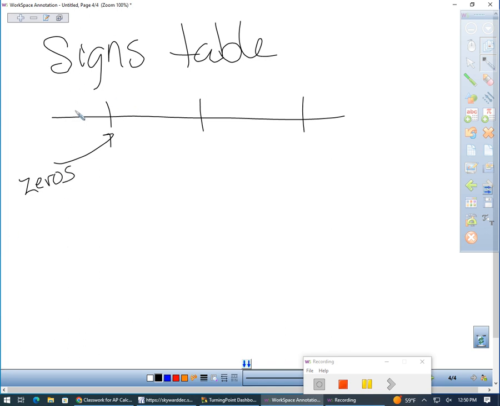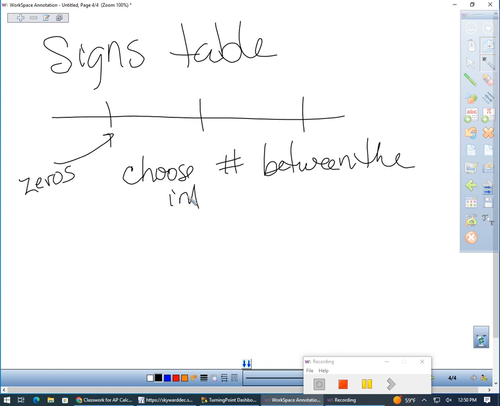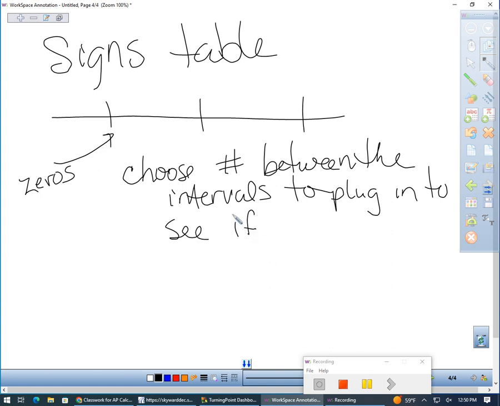Then you choose a number between the intervals to plug in, to see if it's positive or negative. Then, just from that table, you'll be able to decipher or answer the question.